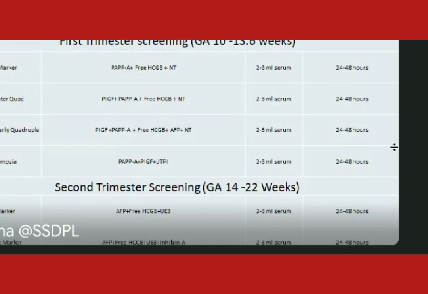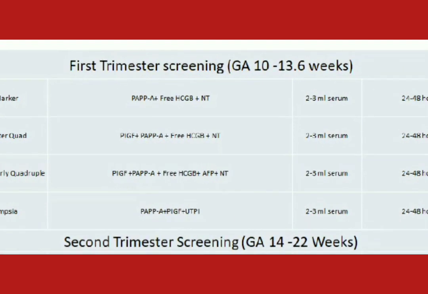But you're true, in the 14th to 15th week, ideally we shouldn't collect any sample, because in the second trimester we are looking for AFP. Both the second trimester tests include AFP, and AFP will have a huge change in the 14th to 15th week. So preferably, we shouldn't collect samples in the 14th to 15th week.